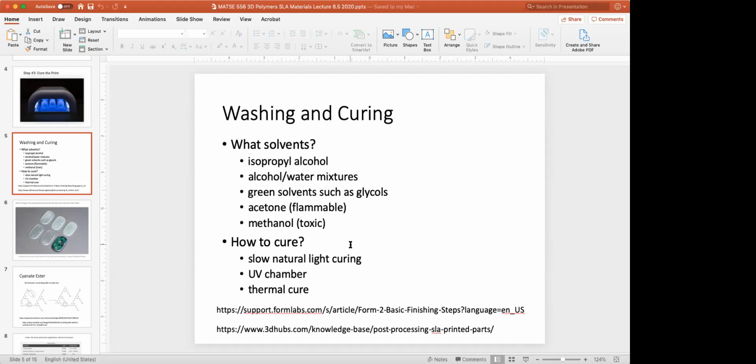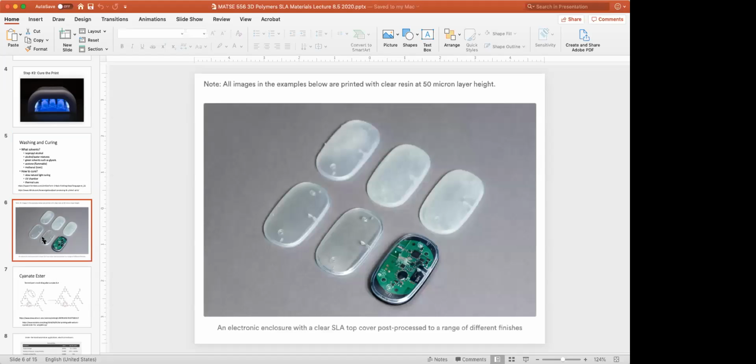this washing and curing, like I said, is usually prescribed by the manufacturer of the resin, and you have to follow these washing and curing steps in order to get the properties that are of interest. And so, like I said, there's guides online for this, and this is just another example of clear resins that we've already talked about.